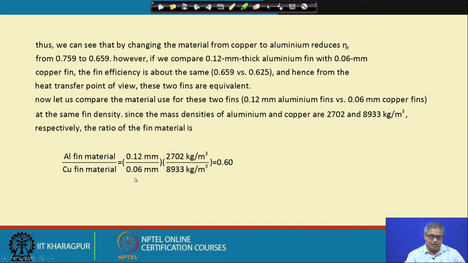By taking a ratio, we get 0.6. That means, for the same heat transfer, compared to copper we need to use only 60% aluminum. So it makes the material use much less, and the weight of the equipment much less.